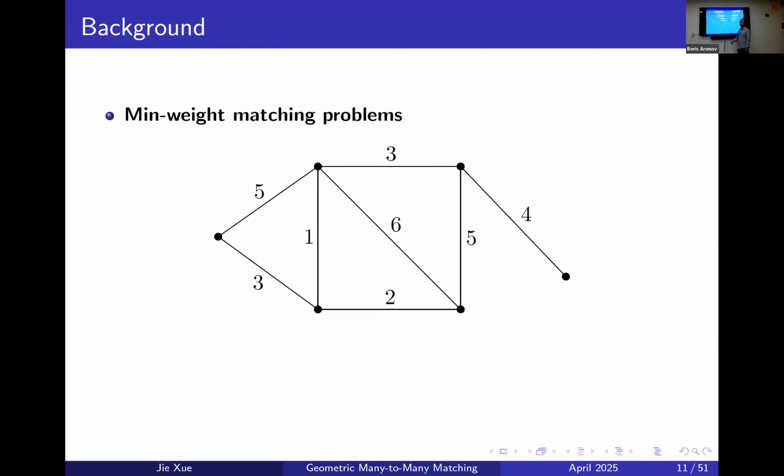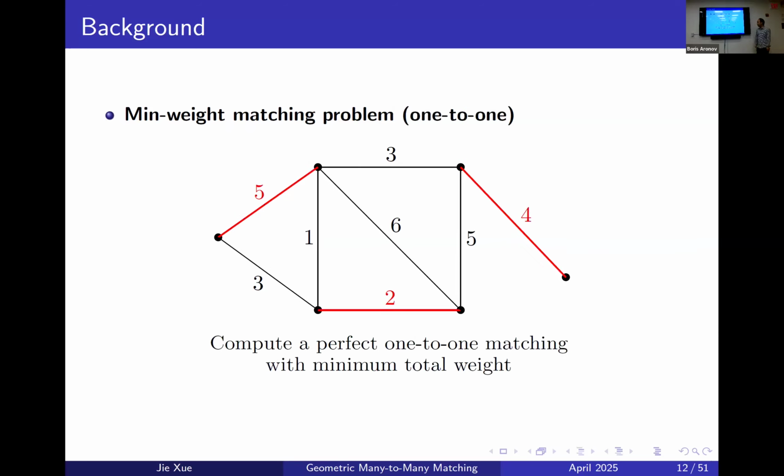Okay, so we consider matchings in not only a graph, but a graph with edge weights. For every edge, you have a positive number, real number, or integer, whatever. It is the weight of that edge. And with this weight, what kind of question can you ask? Of course, one question you can ask is, can you find a perfect matching with minimum total edge weight?